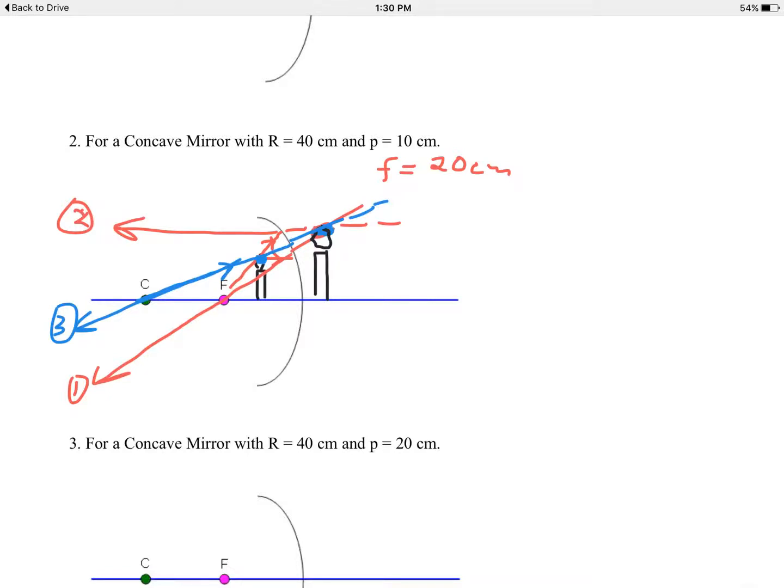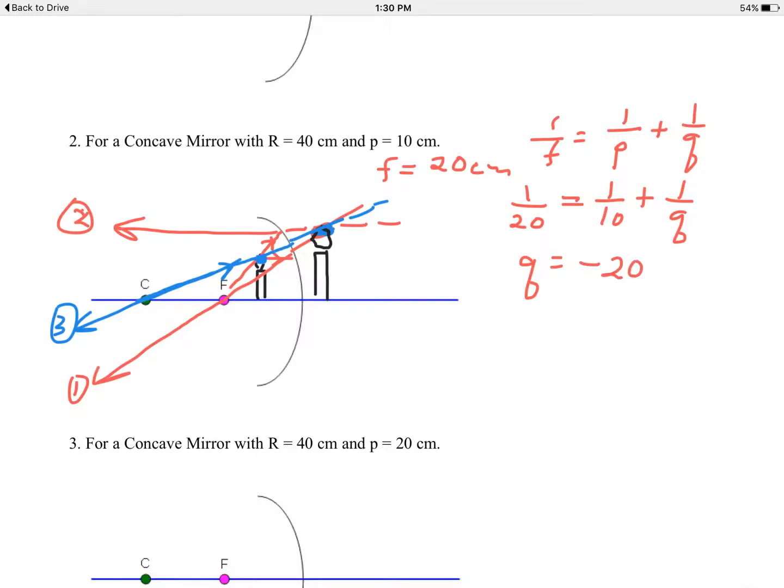Alright, so now let's do the calculation for this. Once again, the main equation you'll be using is 1 over F equals 1 over P plus 1 over Q. We were given F to be 20, so 1 over 20 equals 1 over 10 plus 1 over Q. If you do the math here, you end up with Q equals negative 20 centimeters.